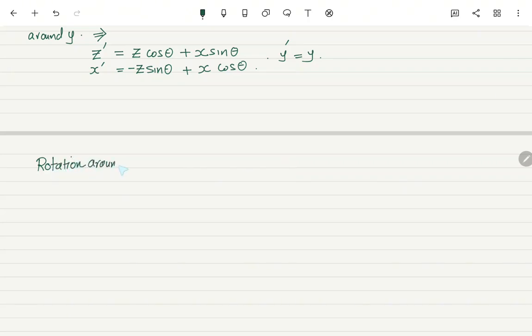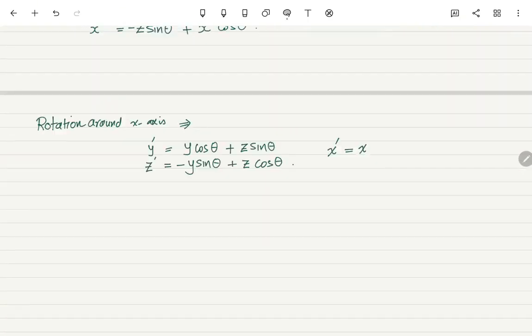This is the transformation rules around the x-axis. ax equal to y square plus x square, ay equal to minus xy, and az equal to minus xz.